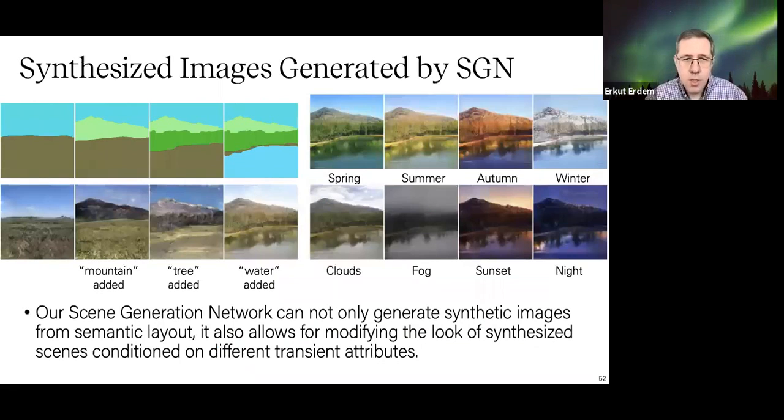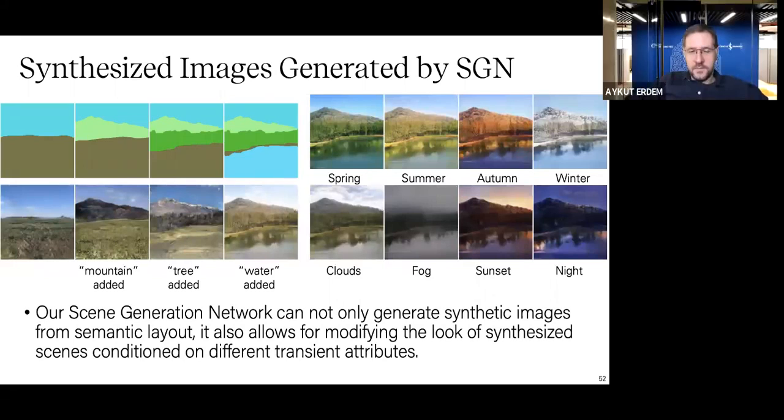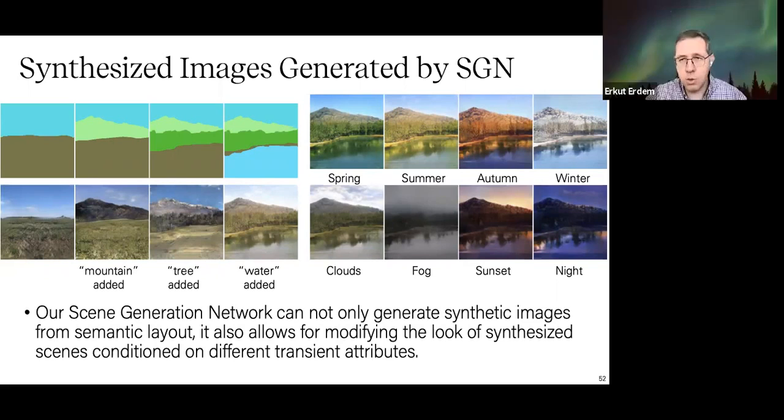The main advantage of our generation network compared to these aforementioned methods is that it can not only generate synthetic images from a given scene layout, but it also allows us to manipulate the look of the synthesized scenes, since we are using transient attributes as additional conditions.